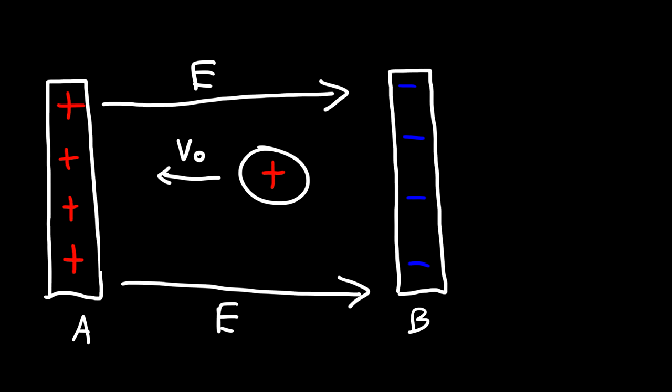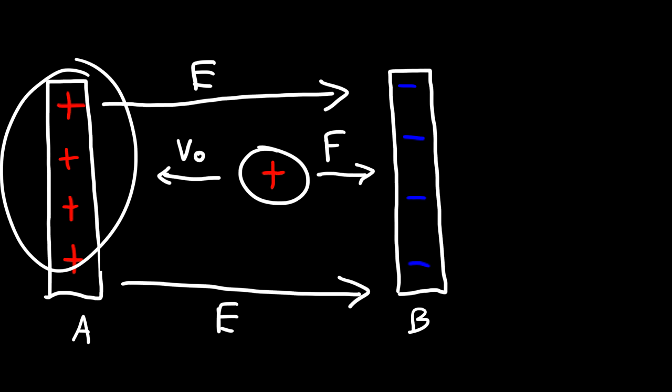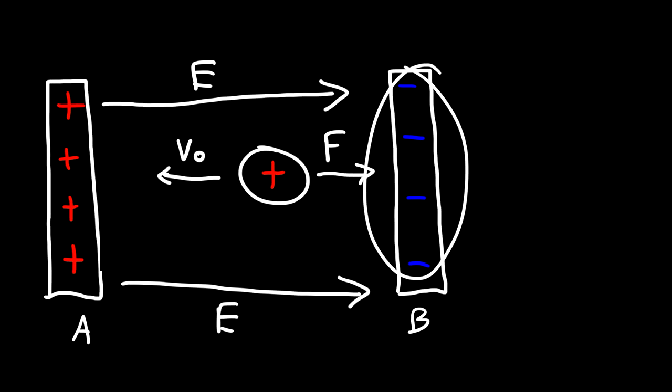At this instant of time, as it moves initially to the left, the electric field still exerts a force that is parallel to itself. So the electric force acting on this charge is still directed towards the right. And it makes sense because the positive charge is repelled by the positively charged plate, but it's attracted to the negatively charged plate.